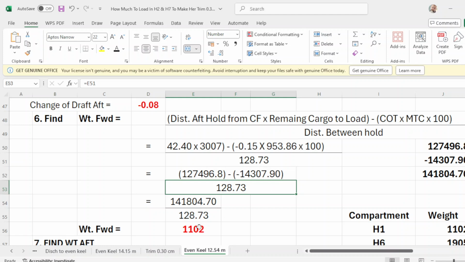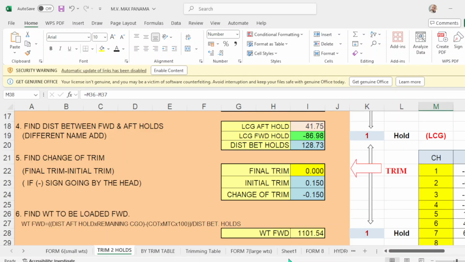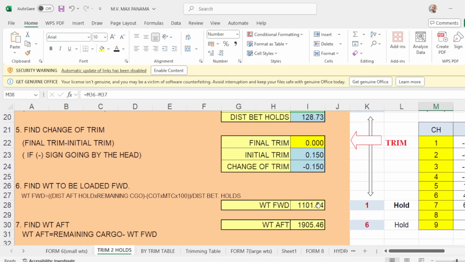Your forward cargo will be 1102. Forward will be 1102 to run it up.